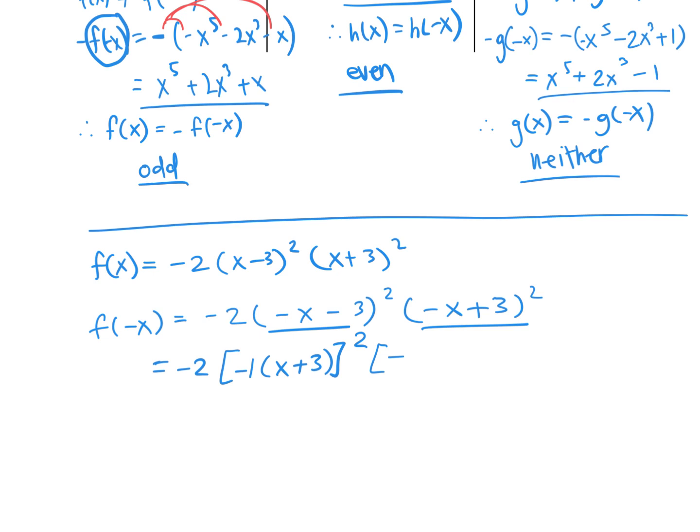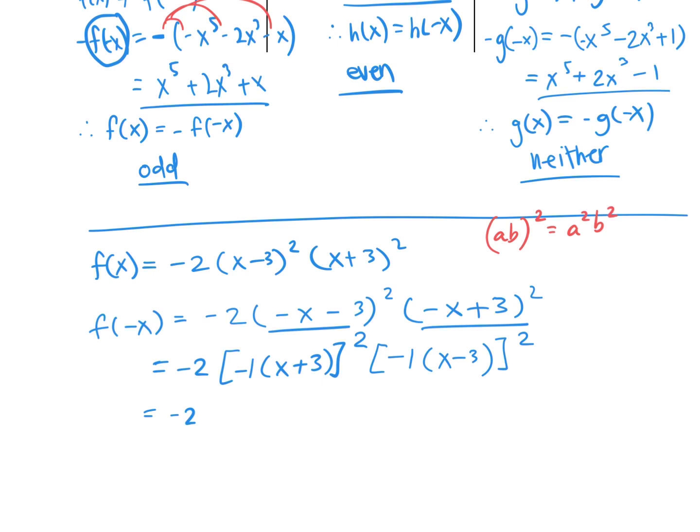And then I'll do it again. So factor out a negative, or if you want to see it as negative 1, you're more than welcome to. And that will turn it into x minus 3, all to the power of 2. Now the negative 2 is not affected. And now, remembering your exponent laws, for example, if I had a times b to the power of 2, we know that we can distribute the exponent to both terms because those two terms are multiplied.